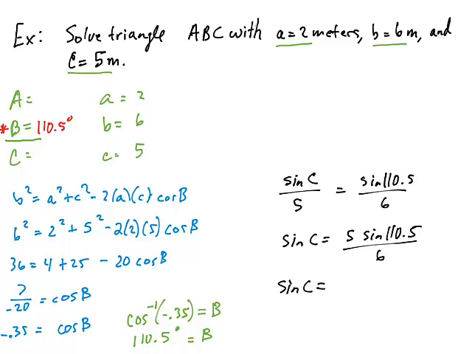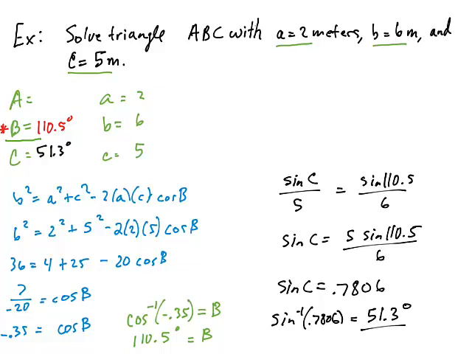I get sine of c is equal to 0.7806, let's call it. So inverse sine of 0.7806, we get 51.3 degrees. So that is angle c. And you could double check here to make sure that we don't end up with a second possible triangle.